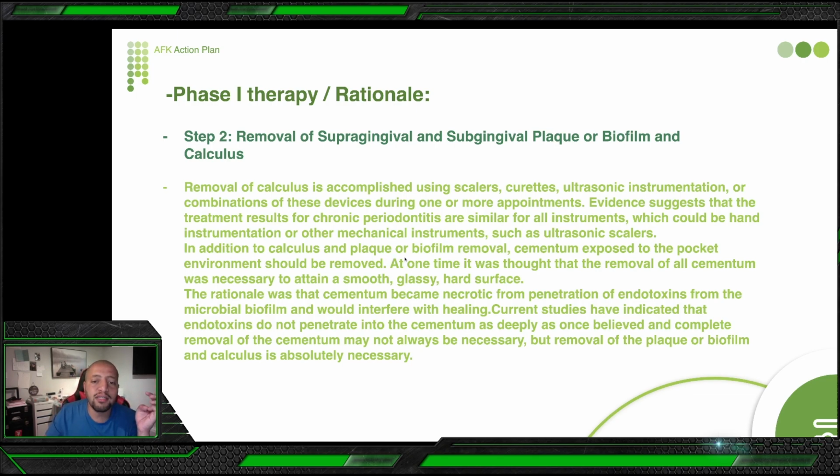In addition to calculus and plaque or biofilm removal, cementum exposed to the pocket environment should be removed. So when I'm asking you which tissue we are going to remove in the first visit of supragingival plaque or calculus removal, we are going to remove plaque, and we are going to remove cementum, which is infected. We are not going to remove the whole cementum around the root surface.